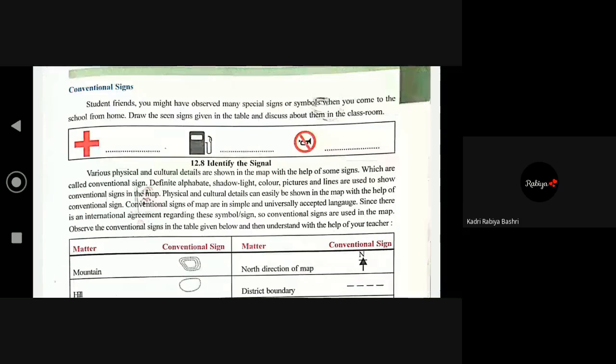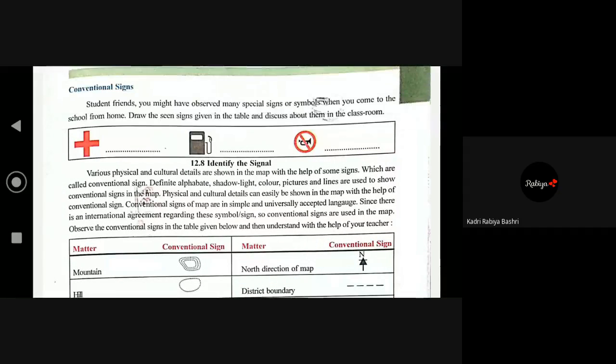Physical and cultural details can easily be shown in the map with the help of conventional signs. Conventional signs of a map are in simple and universally accepted language. Since there is an international agreement regarding these symbols and signs, conventional signs are used in the map. Observe the conventional signs in the table given below and then understand with the help of your teacher.